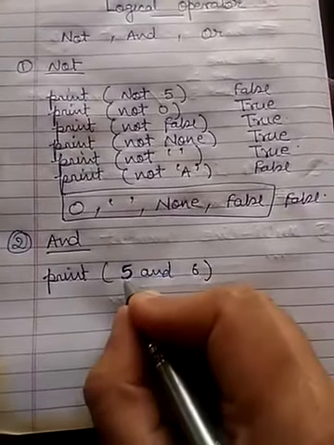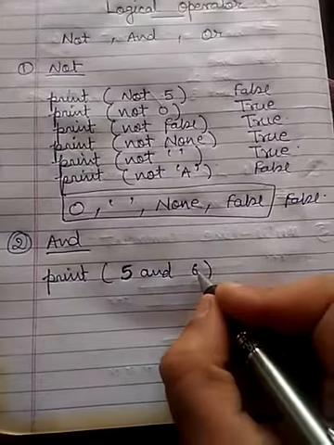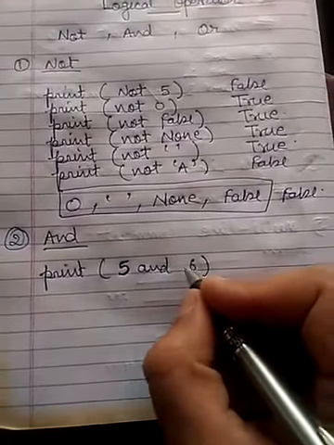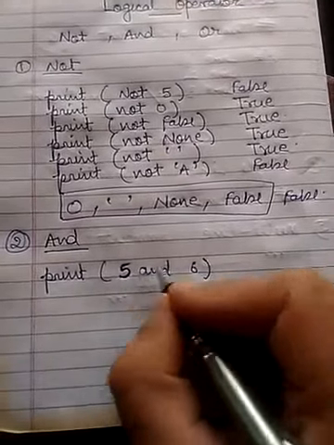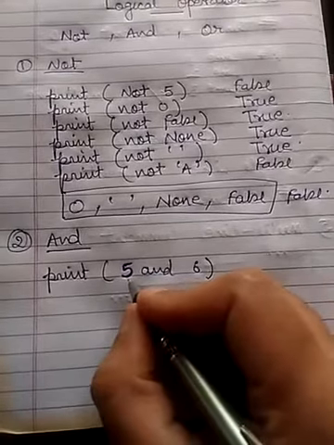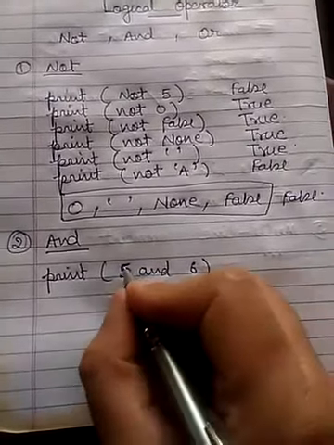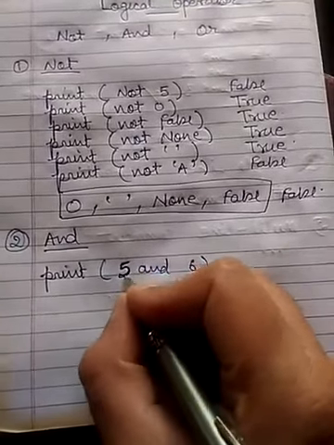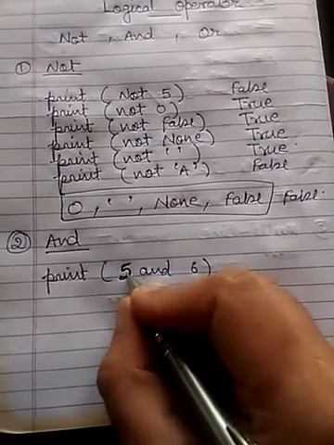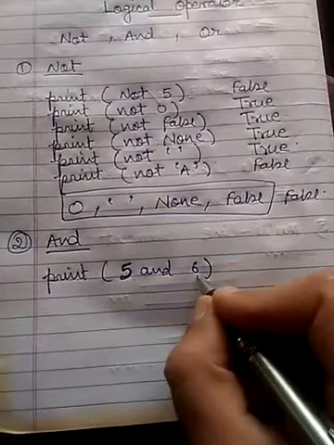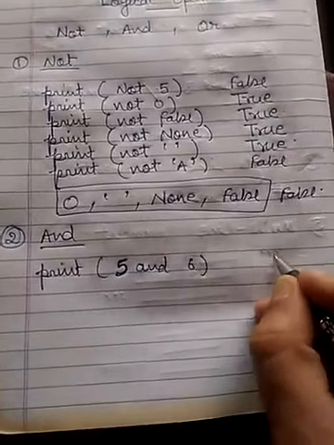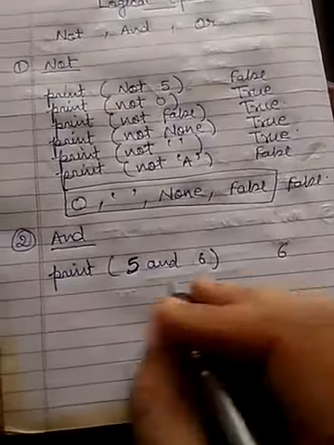If the first value is false, then the interpreter will not check the second value, because in AND both values should be true. If the first value is false, there is no requirement to check the other value. So 5 is considered true, so the first value is true, that's why the interpreter moves to the second value, and the second value will be the output.